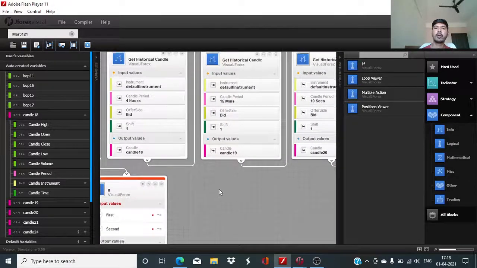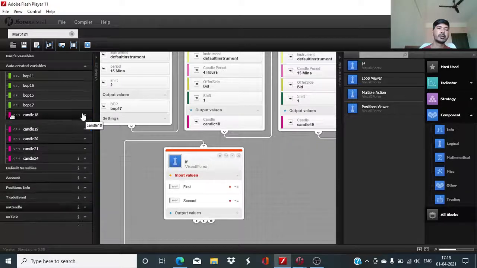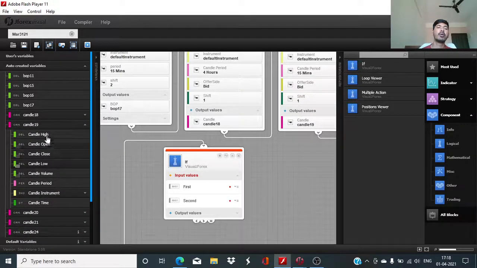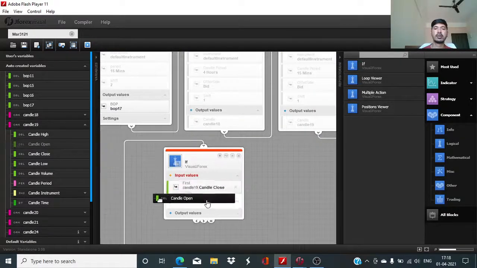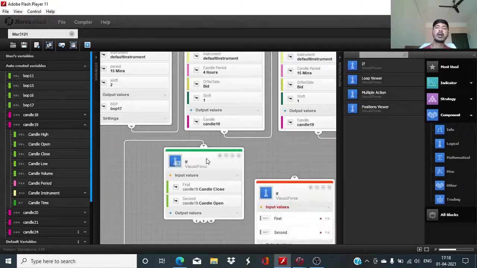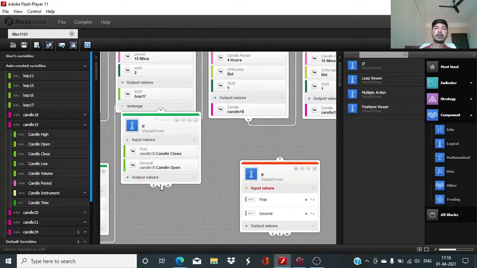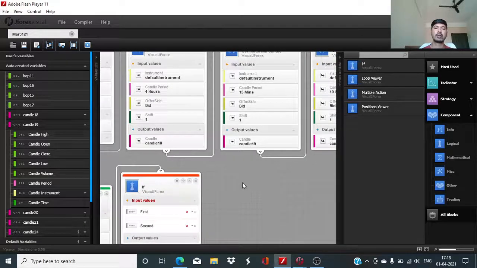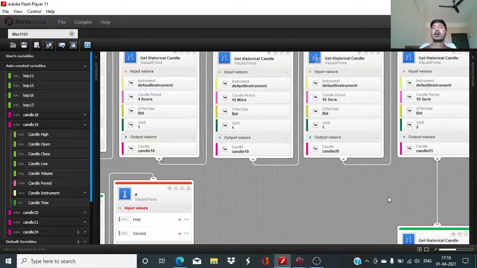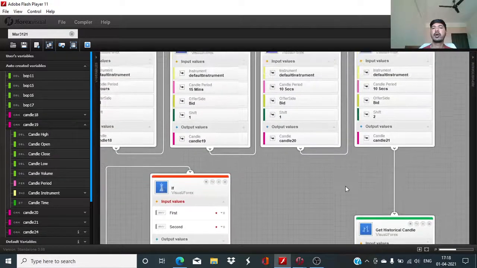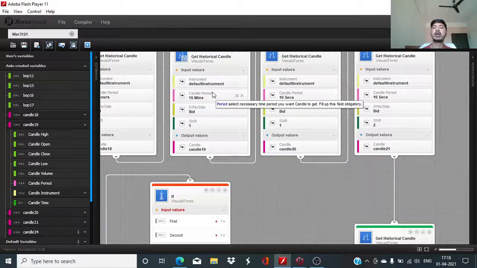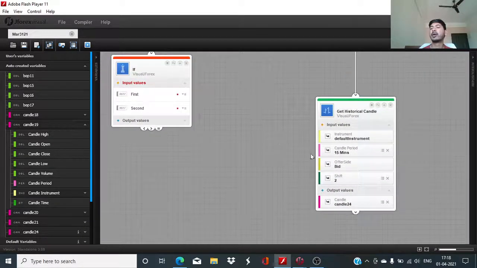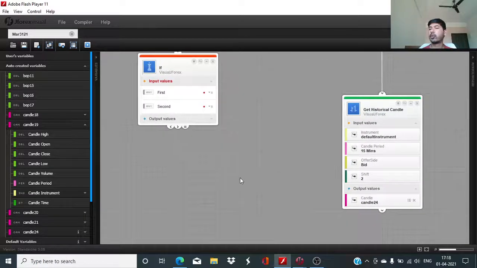On the 15 minutes time frame also, we want candle 19's closing value to be above its opening value. So first input again greater than second input. And as I had explained to you on the chart, we want the last 15 minutes candle closing value to be above the penultimate 15 minutes candle opening value.